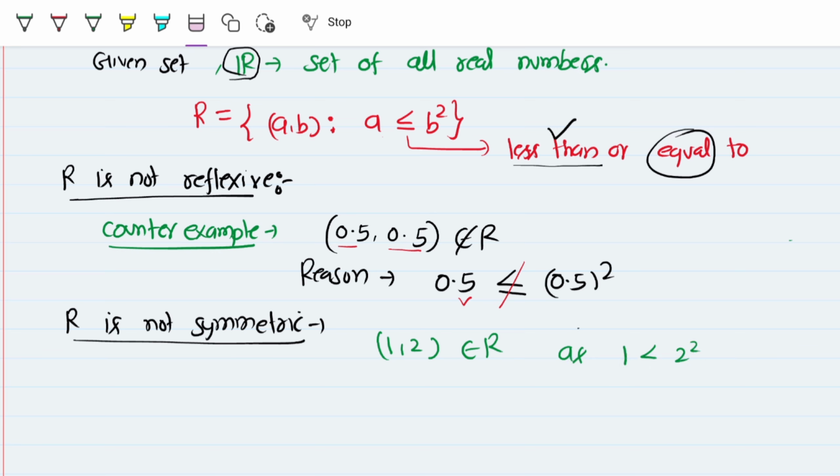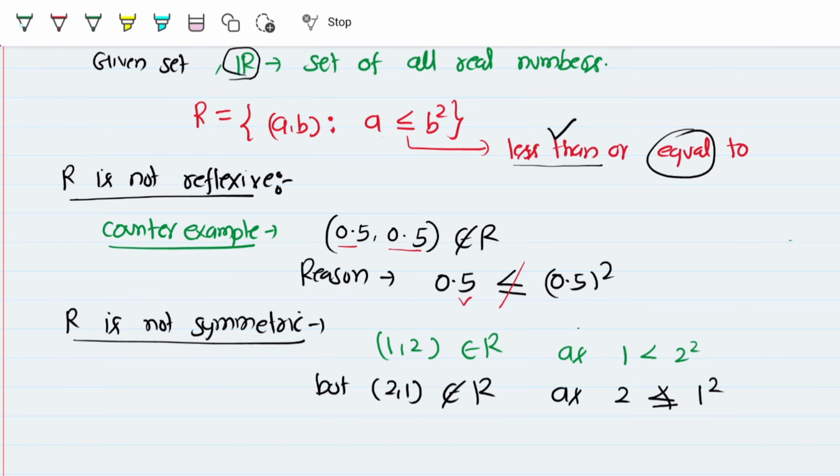So (1, 2) belongs to R, but (2, 1) is not in R, as 2 is not less than or equal to 1 squared. 1 squared is 1 again, but 2 does not follow this. So (2, 1) is not in R. So this is the counterexample.